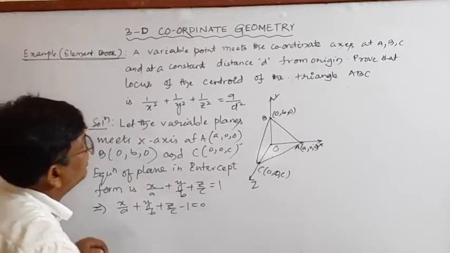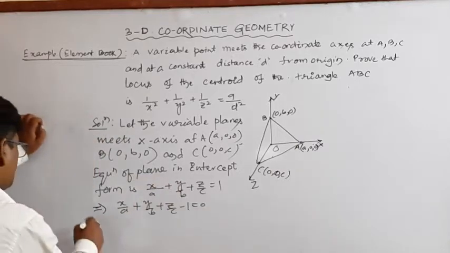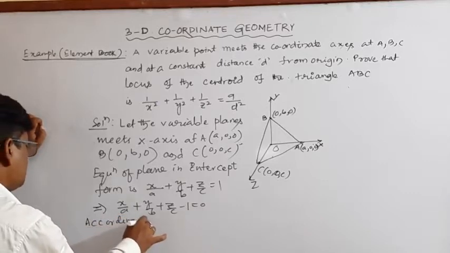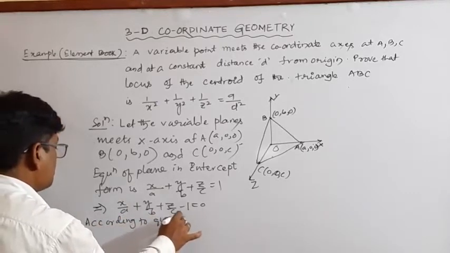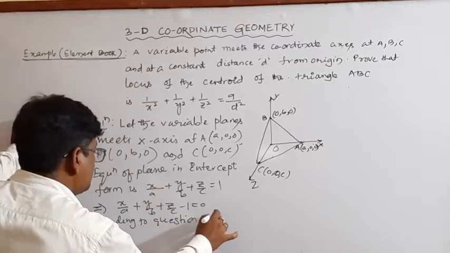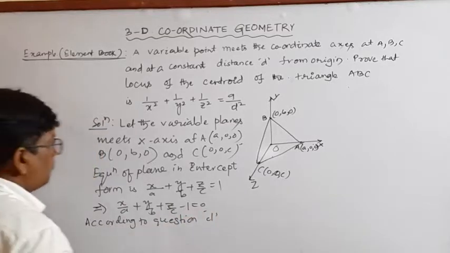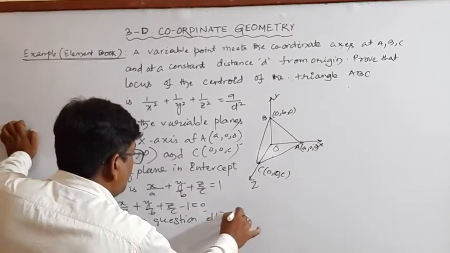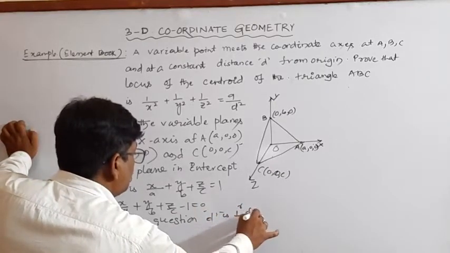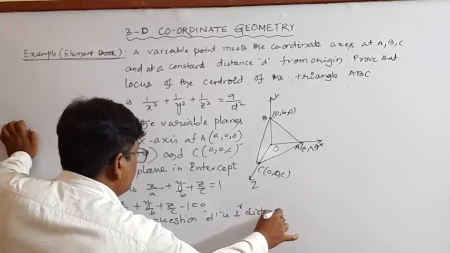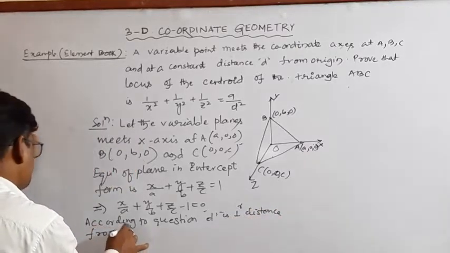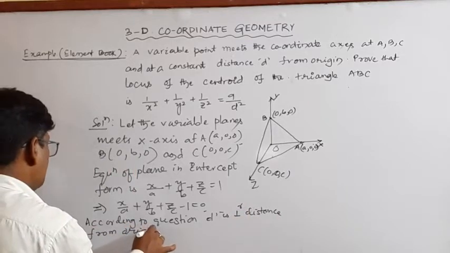According to the question, d is the perpendicular distance from origin to the plane.